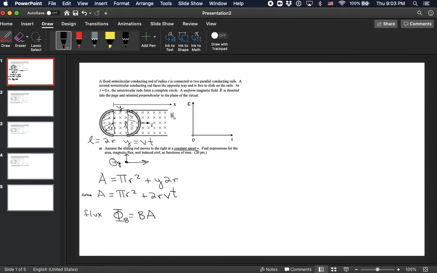But since the area is perpendicular to the B field, I can write it just like that, and so I'm going to have B times pi r squared plus 2rvt. Okay, so there's my flux.